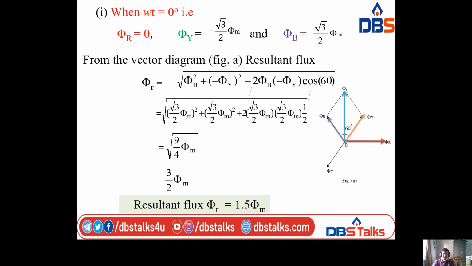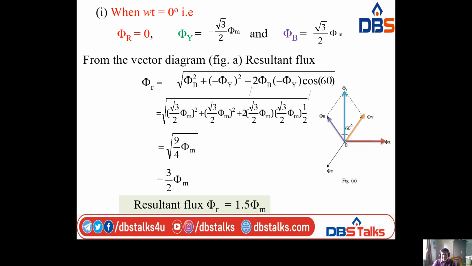Now here 3 by 4 phi m square plus 3 by 4 phi m square plus 3 by 4 phi m square. So 3 by 4 plus 3 by 4 plus 3 by 4 is 9 by 4. 9 by 4 phi m square.